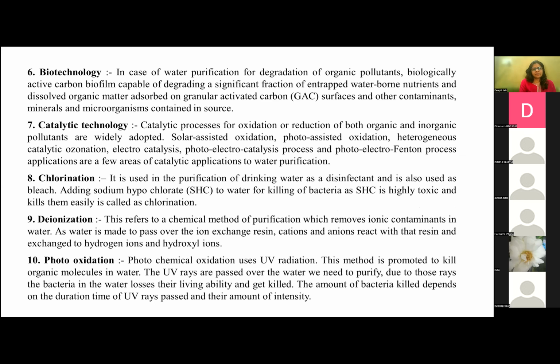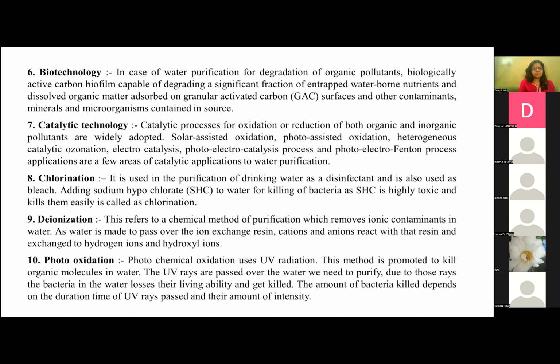Now, catalytic technology processes for oxidation or reduction of both organic and inorganic pollutants are widely adopted. Solar assisted oxidation, photo assisted oxidation, heterogeneous catalytic ozonation, electrocatalysis, photoelectrocatalysis, and photoelectro-Fenton process applications are a few areas of catalytic applications to water purification.